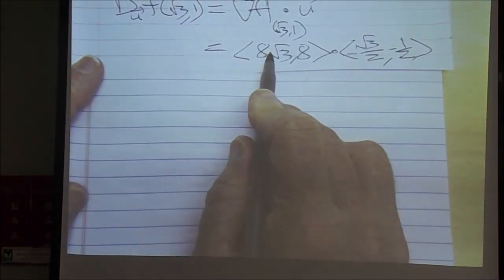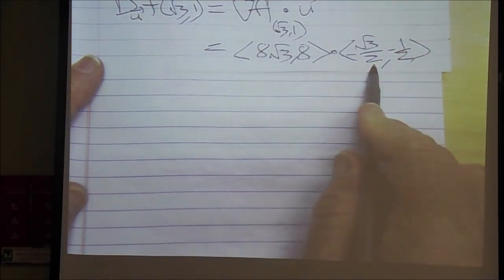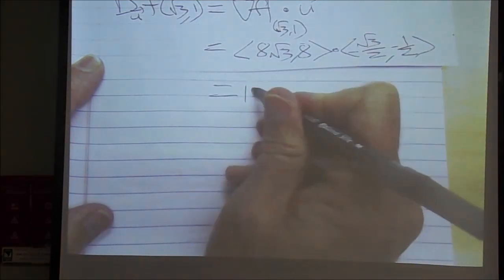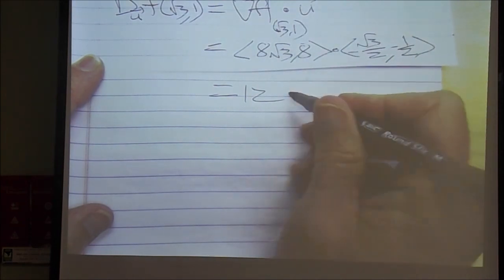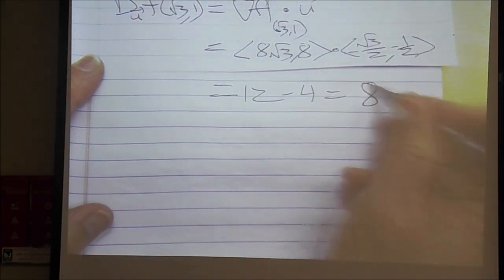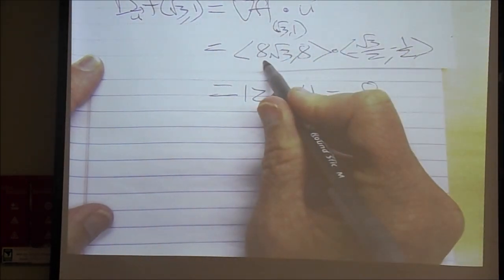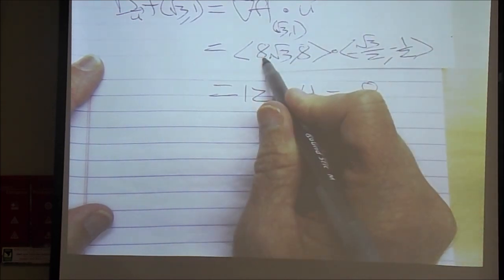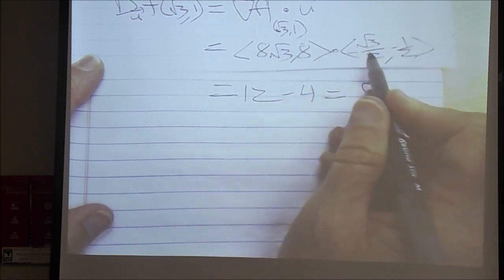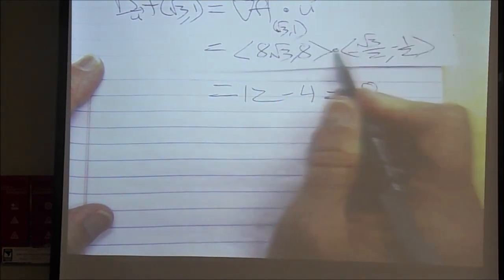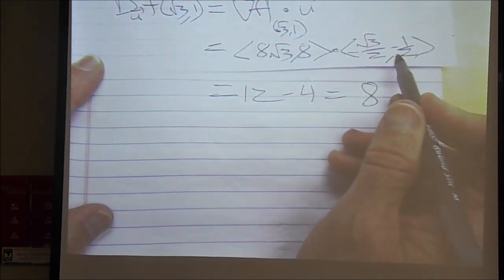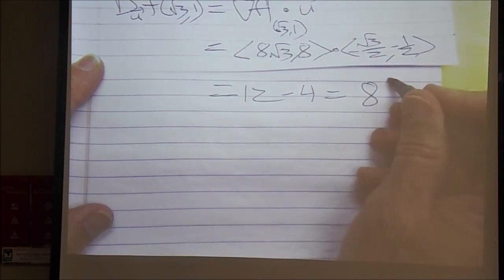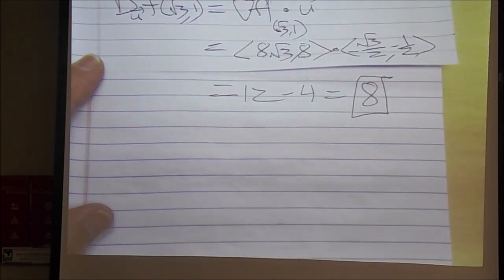We've got 8 times 3 over 2 gives 12, minus 4. 3 times 8 is 24, divided by 2 gives 12, and then minus 4 gives 8 for the directional derivative.